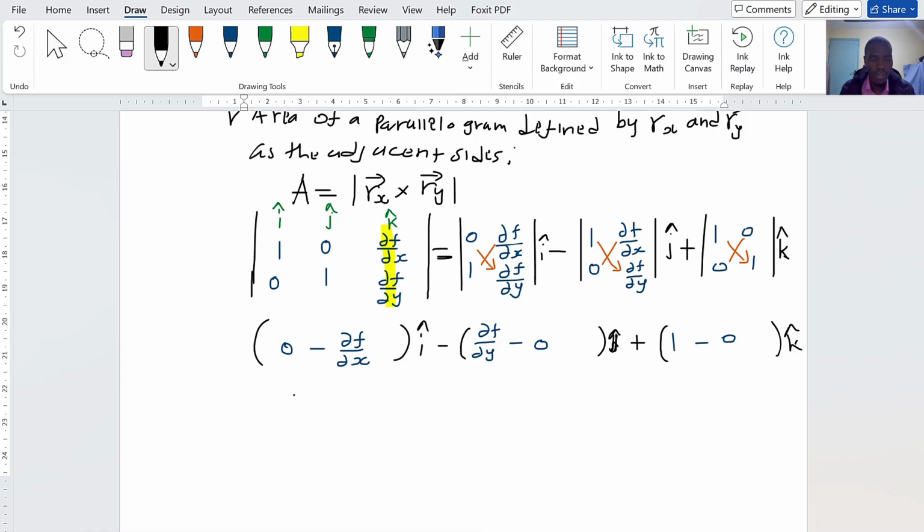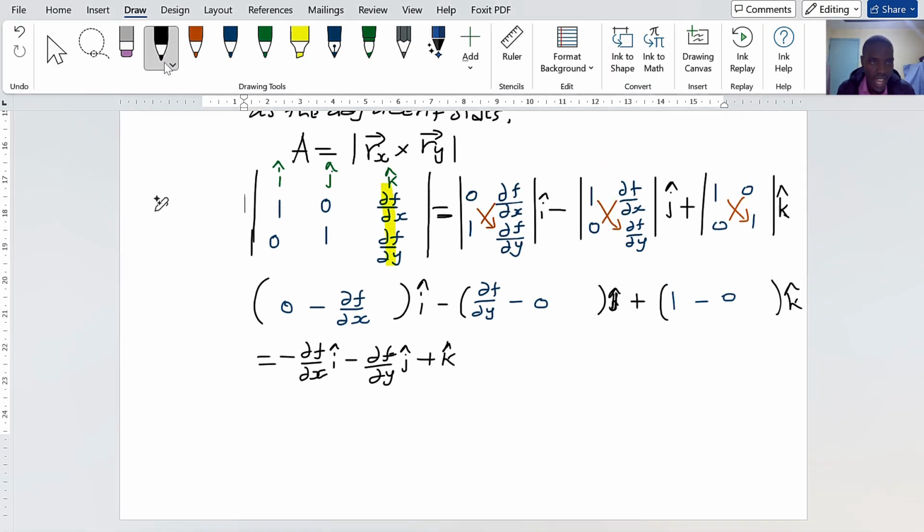So our vector which we form is negative df dx i, then minus df dy j, then plus k. I hope that is clear.